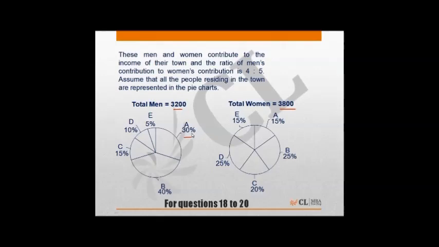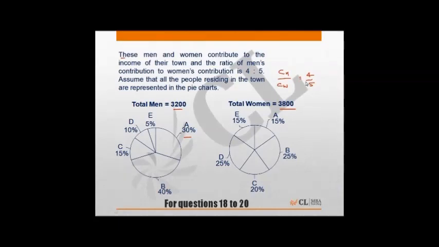The data further says these men and women contribute to the income of the town in the ratio of 4:5, men's contribution to women's contribution. So contribution by men to contribution by women is 4:5. If the total income of the town is X, men contribute 4 by 9 X, women contribute 5 by 9 X. That is the data which we have here.